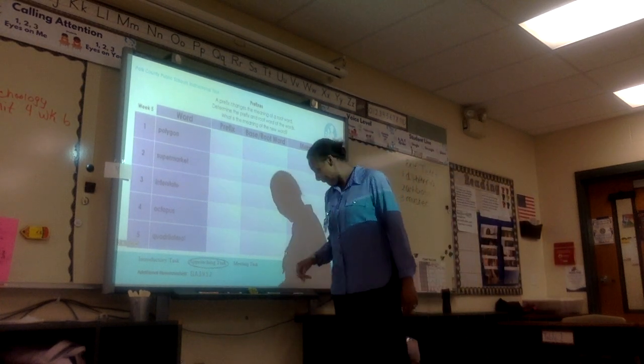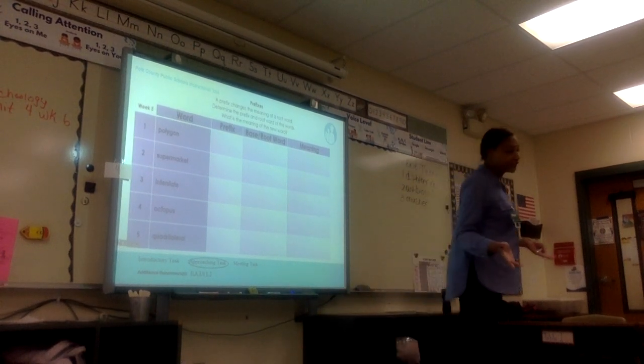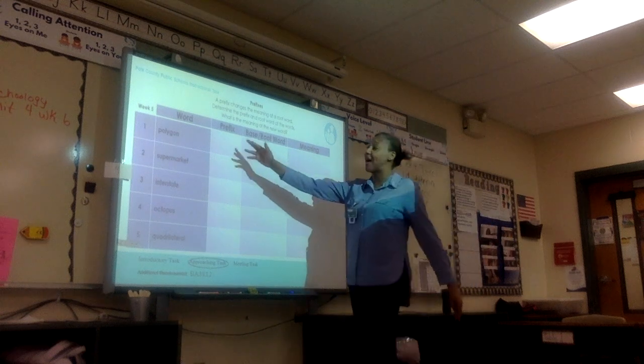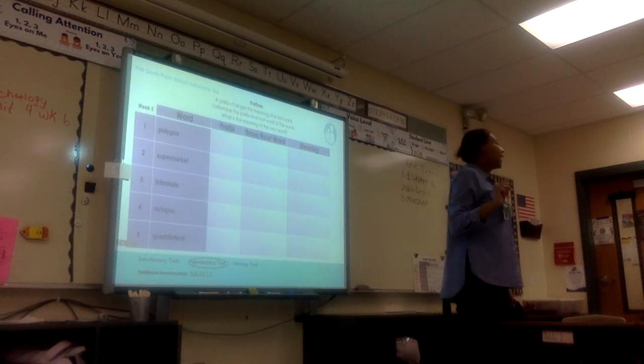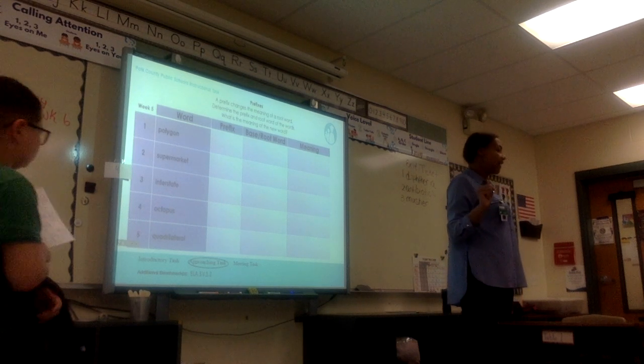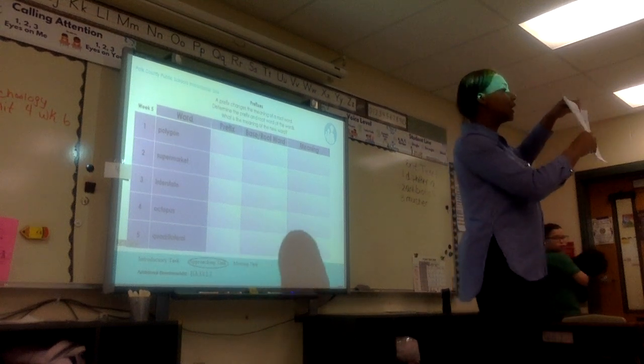Let's open up our morphology book, and we are on week 5. Everyone take a half a second to open up the new book to week 5. The new one, the one with the grade on the front.